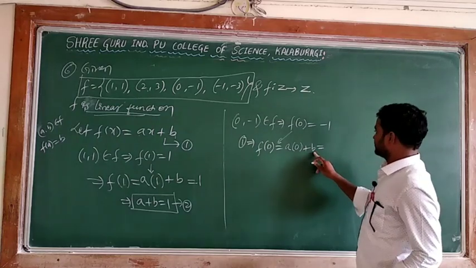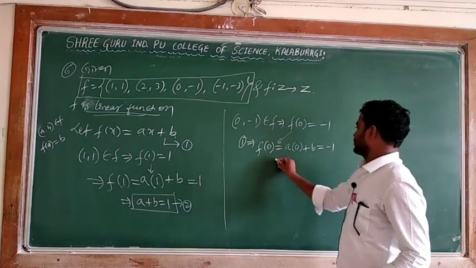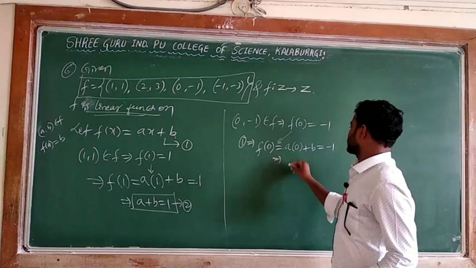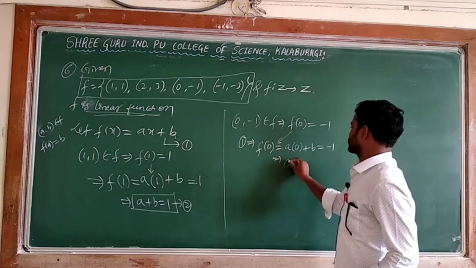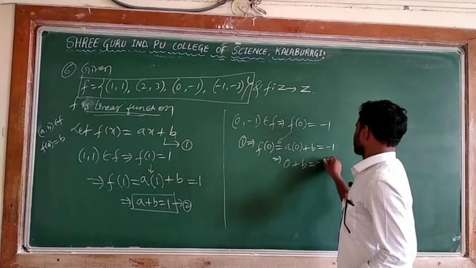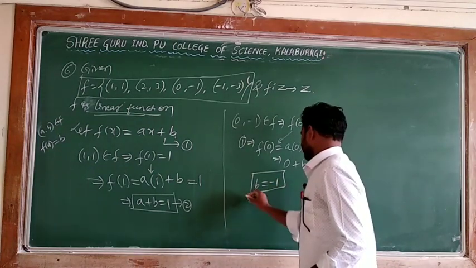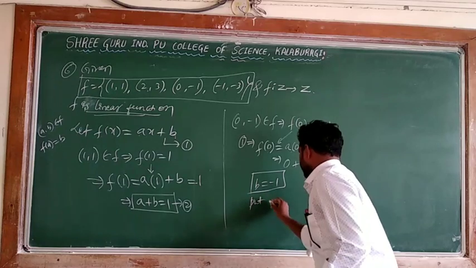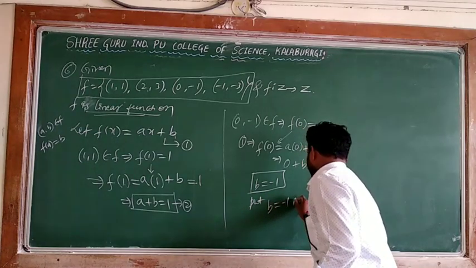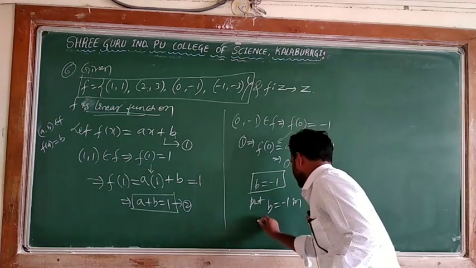So a times 0 plus b is equal to -1. Here 0 into anything is 0, so b is equal to -1. Put b equal to -1 in equation 2.